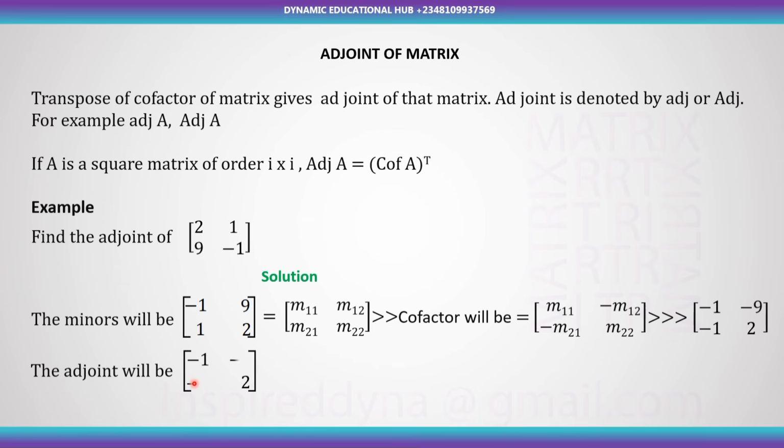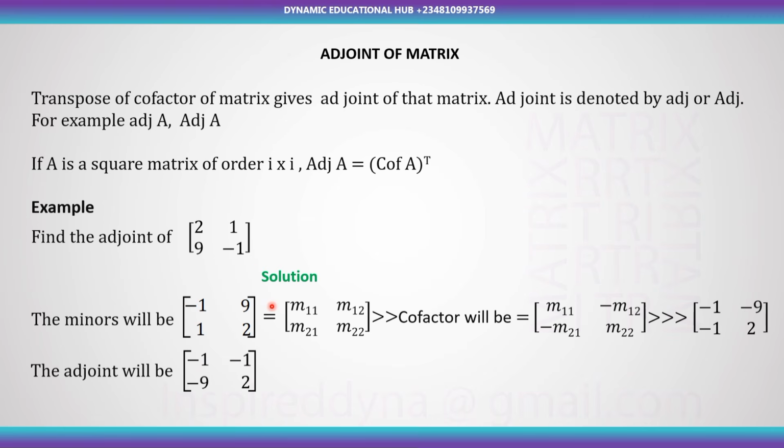Now let's find the adjoint. This is the cofactor here. To find the adjoint, you need to do transpose. They are simple to find. The first thing is minor, after minor, cofactor, after cofactor, adjoint. What is adjoint? Whatever cofactor you get, you transpose it. Let's transpose it. If you haven't watched my previous video, go and watch it.